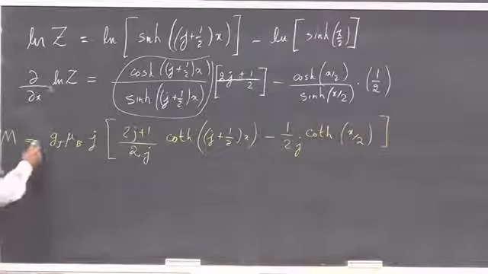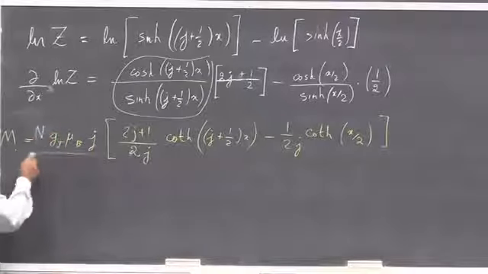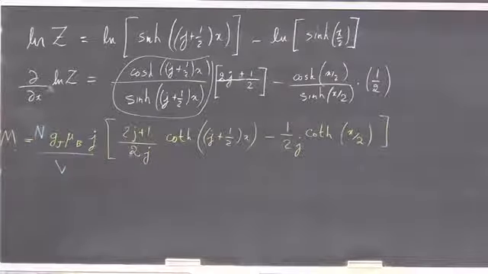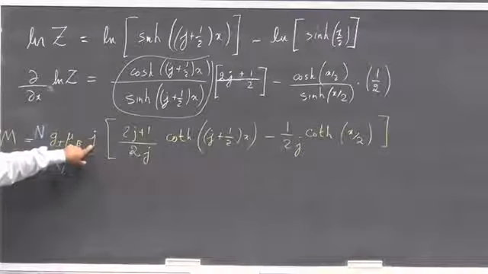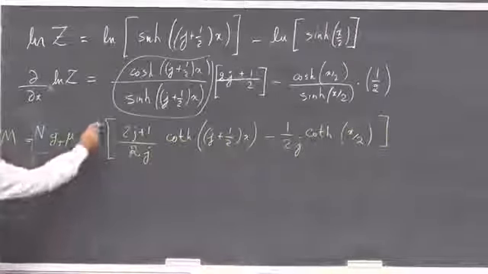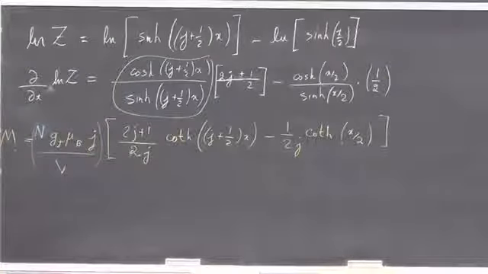There are n particles and the volume is V. If all the particles are aligned, the magnetic moment of each one would be Gj mu B times the maximum value of Mj. The maximum value of Mj is J. So this is nothing but the saturation magnetization.